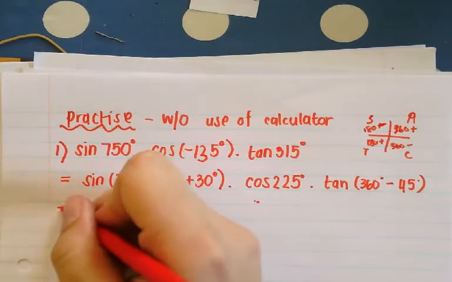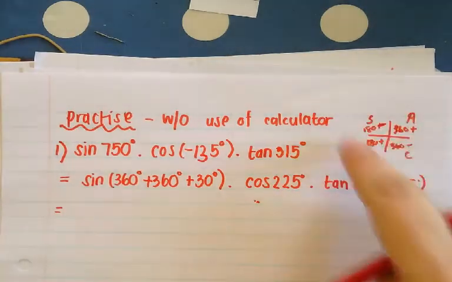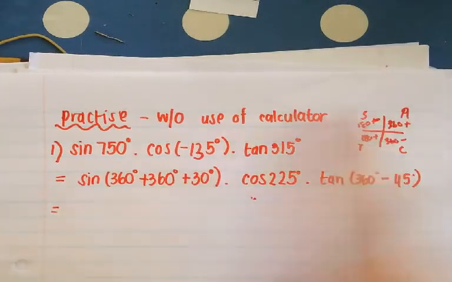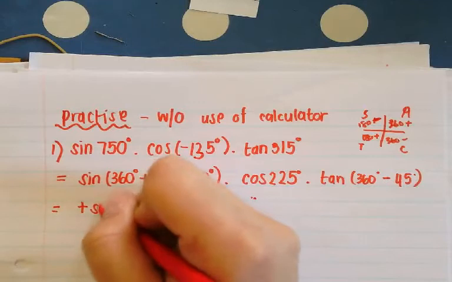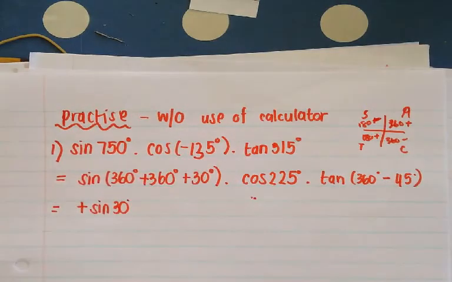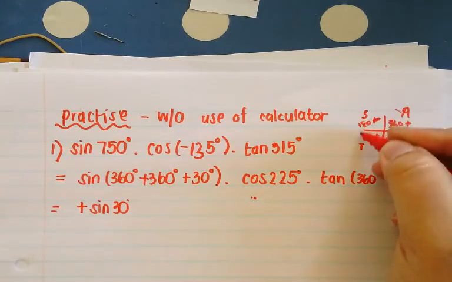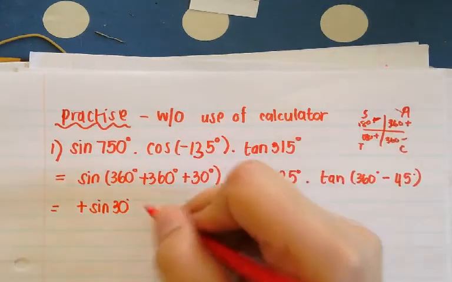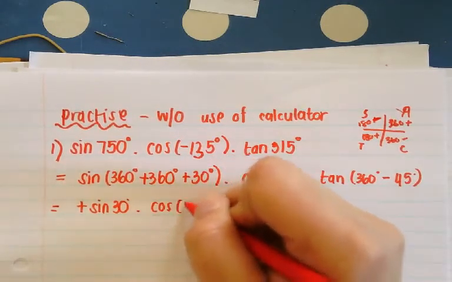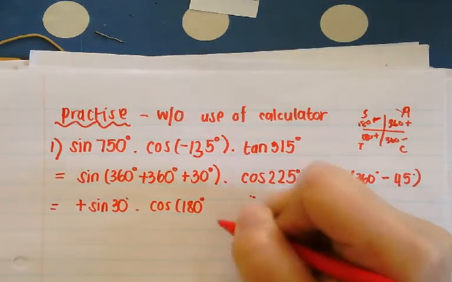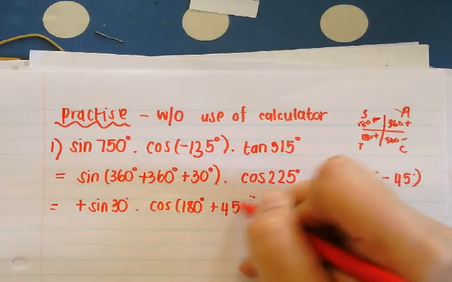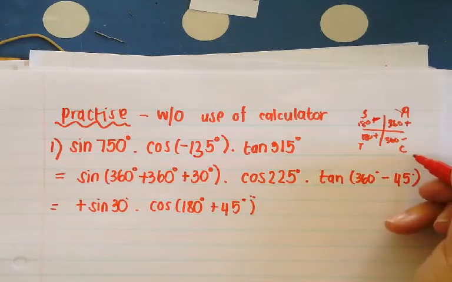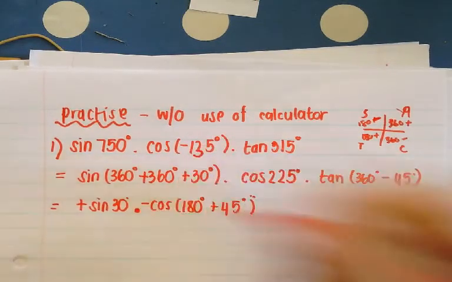And now I'm going to check. Well, sine would be 360 plus 30, which would be positive sine 30. So I've checked the sign, the negative or positive. Cos 225 is in my third quadrant, which is 180 plus. 180 plus what? Well, it's plus 45. And it is negative in that quadrant.